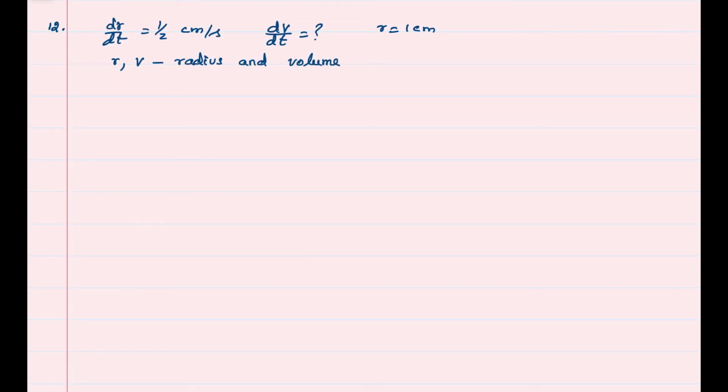Question 12. The radius of an air bubble is increasing at the rate of half centimeter per second. At what rate is the volume of the bubble increasing when the radius is 1 centimeter? We will take r and v as radius and volume of the bubble. Volume of the sphere is 4 by 3 pi r cube.